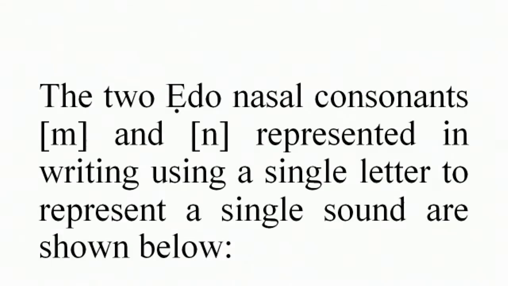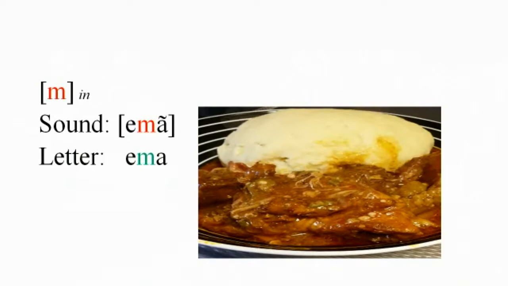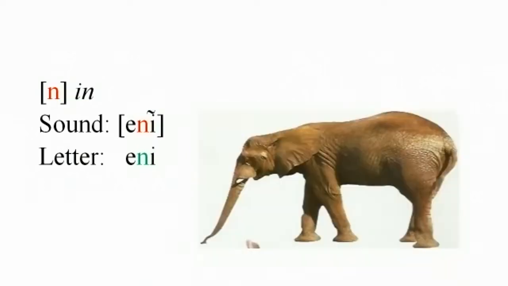So the sound m uses the single letter M to represent that, like the letter M in green in the word Amen. And then you have the ni in a ni. That's totally different. We said we are not going to discuss that. So in a ni, the letter N is used to represent that sound.